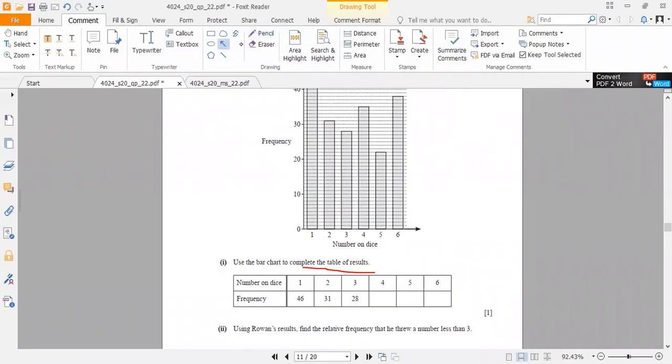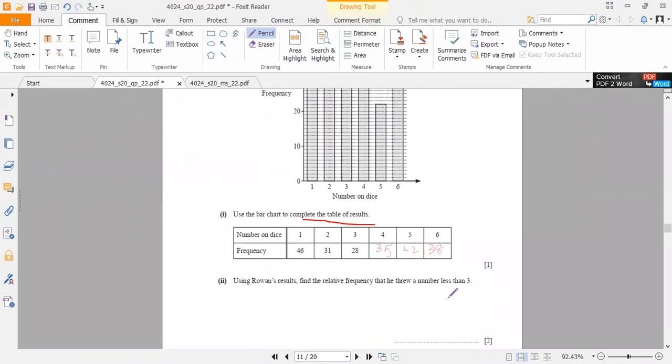As you can see very clearly, for 4 it will be 35, for 5 it will be 22, and for 6 it will be 38. So we fill the table as well. Now come to part 2. Using Rowan's result, find the relative frequency that he threw a number less than 3.